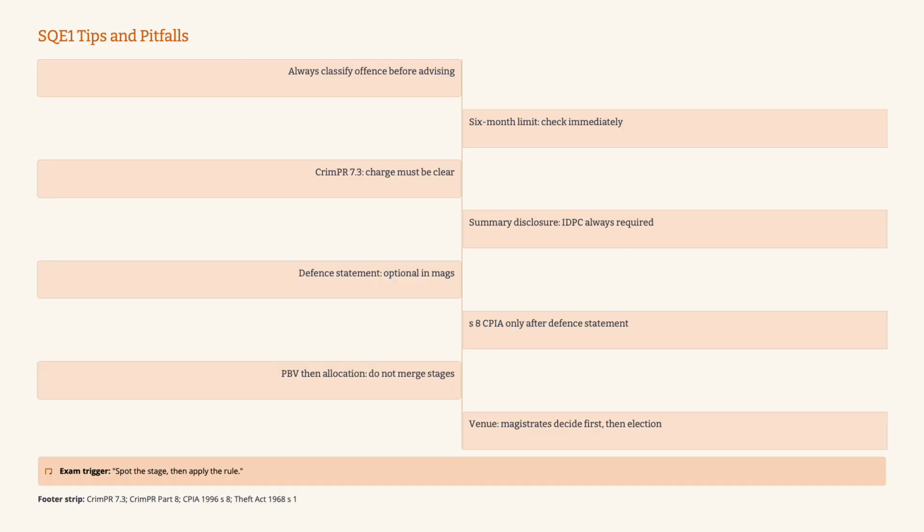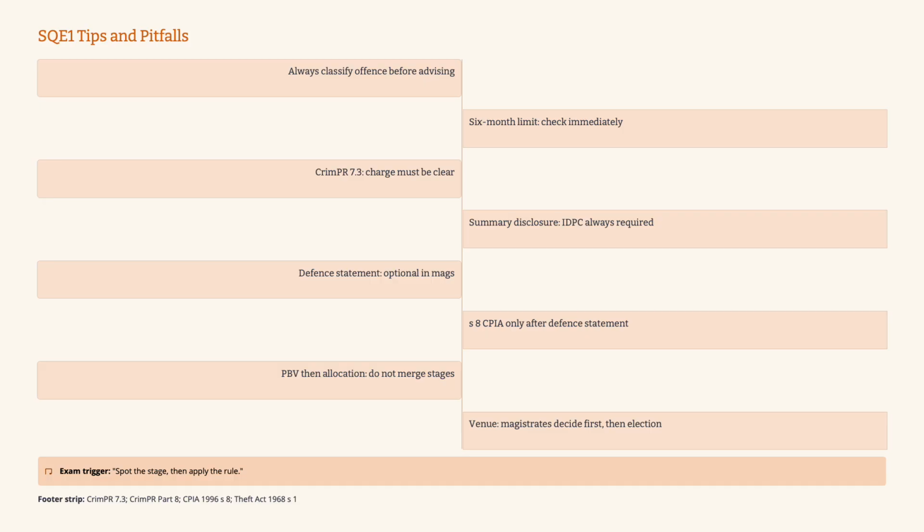So third, remember Rule 7.3 of the Criminal Procedure Rules. For charging, the charge must be clear in ordinary language and identify essential elements. Defective charging can be challenged. Fourth, in summary cases, IDPC is always required before the first hearing. This is not optional. This is a mandatory disclosure obligation regardless of anticipated plea.